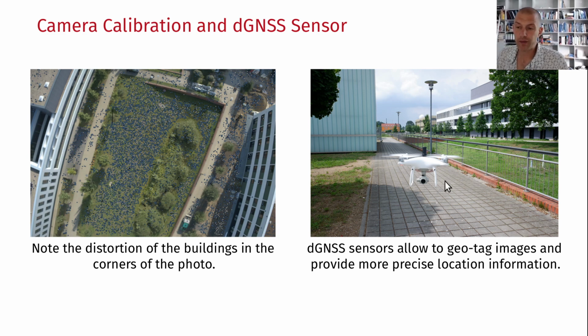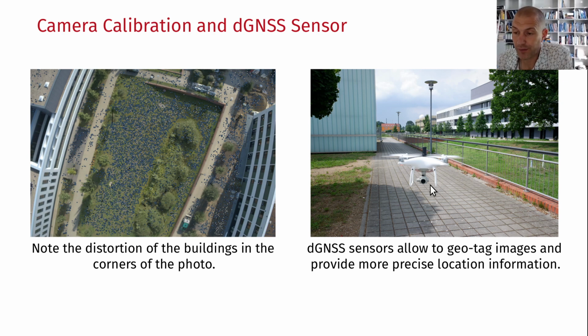Another point that I want to make, on the right-hand side here, is that modern drones allow you to have a differential GPS sensor that adds the geotag, or adds a more precise position, or allows you to use post-processing and then provides a more precise position. This is a really useful thing to nail down your position, because that then helps during the bundle adjustment process.